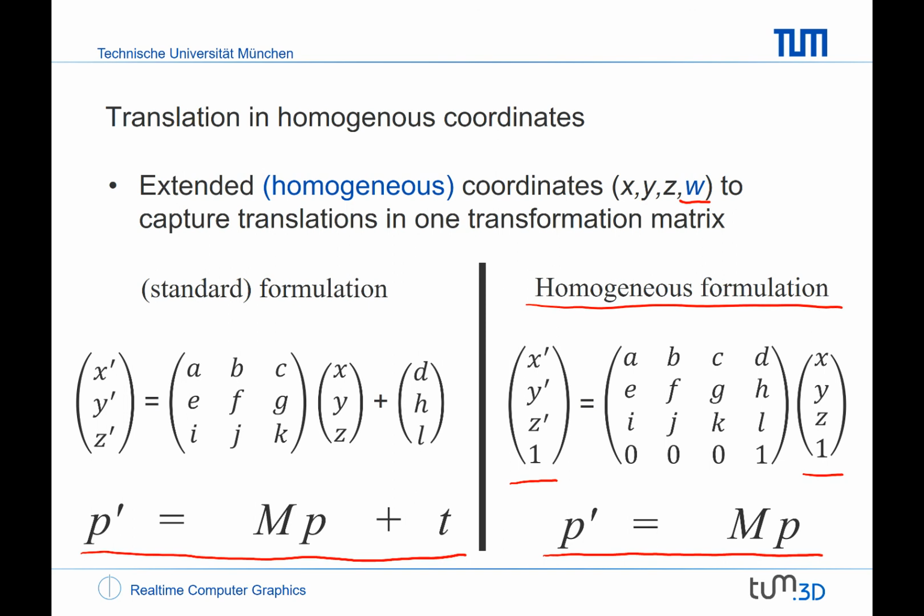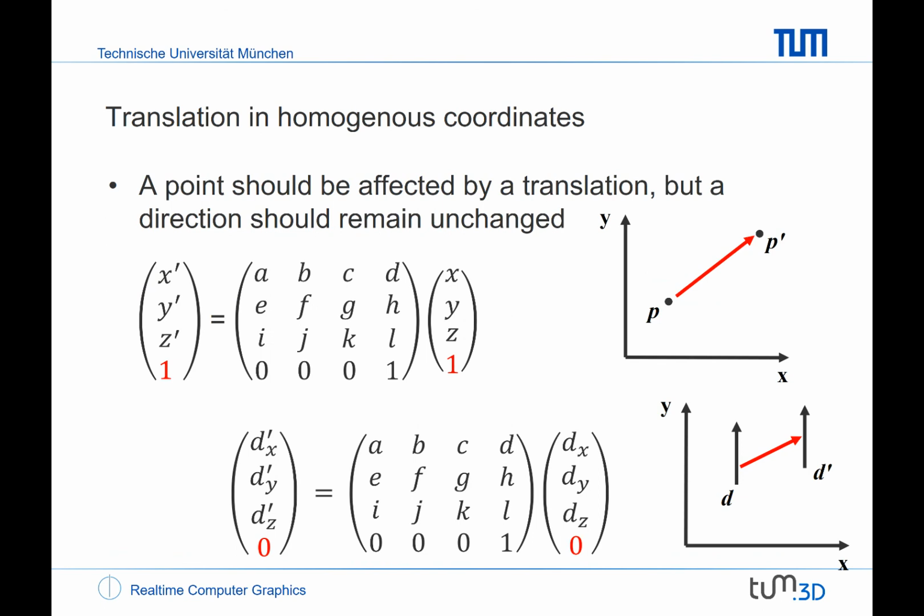So now, let us look at the specific meaning of this fourth homogeneous coordinate for vertices and for directions. So far we have mainly talked about how to transform vertices. If we have a vertex, then we want to realize a translation, given by the values in these three components here, letting this translation be executed on a given vertex.